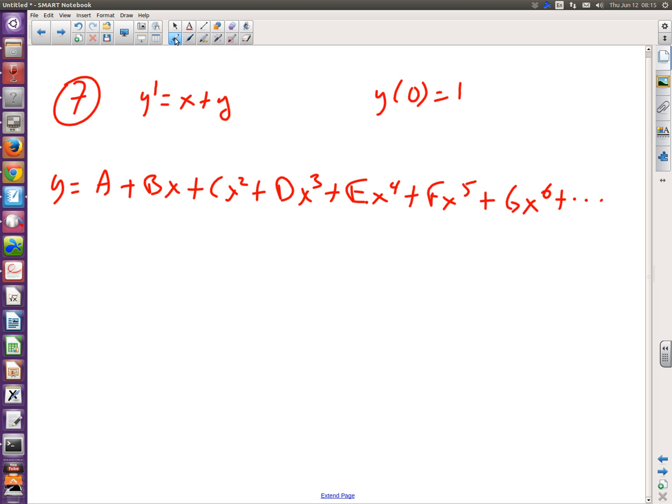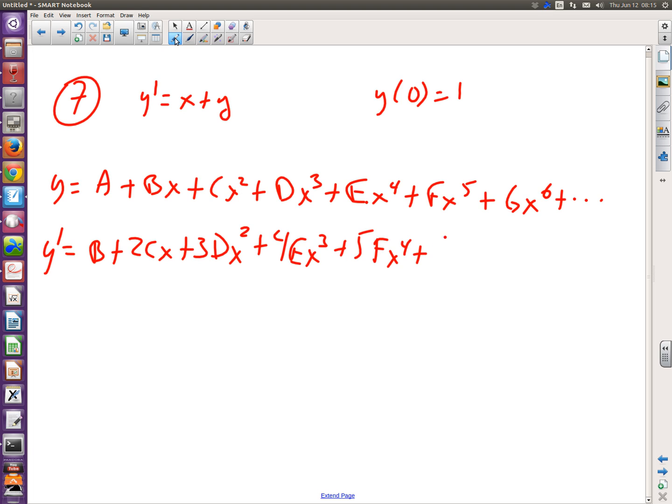I need y prime set equal to x plus y. I have a series for y. x is not a series, x is just one term. I need the series for y prime. y prime is b plus 2cx plus 3dx squared plus 4fx cubed plus 5gx to the fourth, and so on.